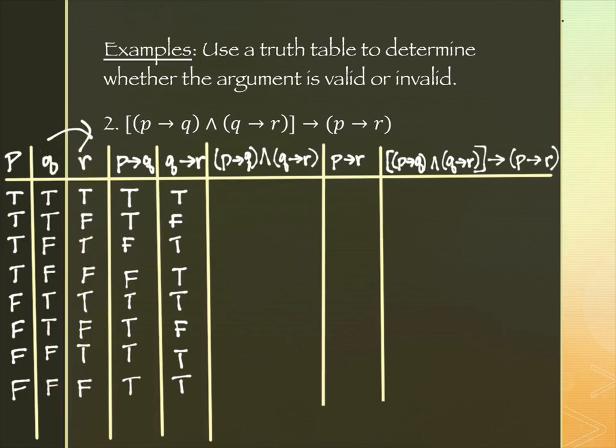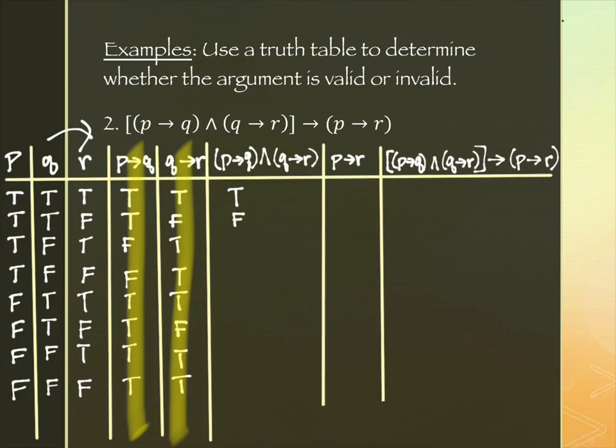Okay, now I'm going to join those previous columns that I just created with the word and. So this one and this one get joined. When is an and statement true? When they're both true. So row 1 is true and true. That's true. Row 2 is true and false.